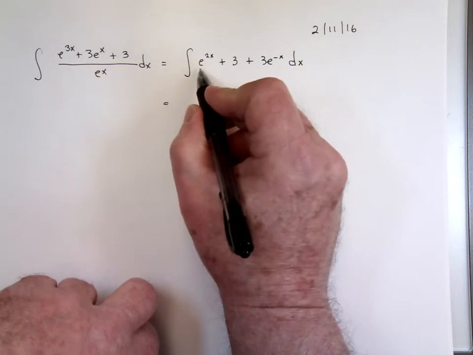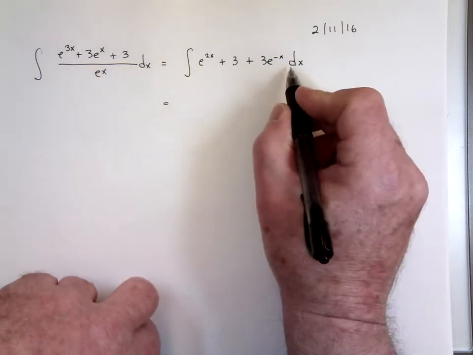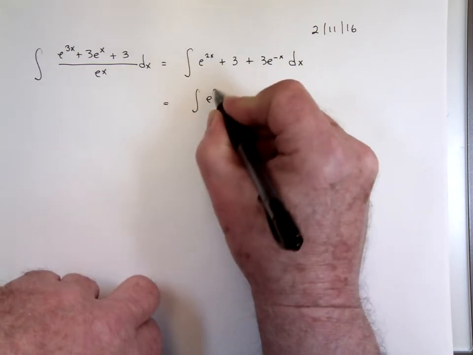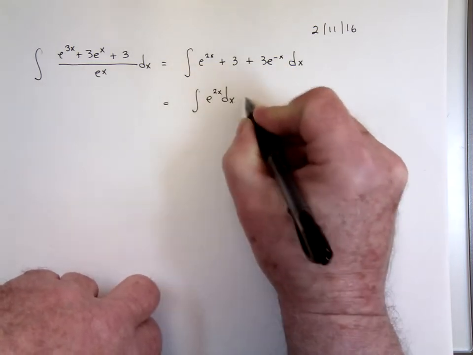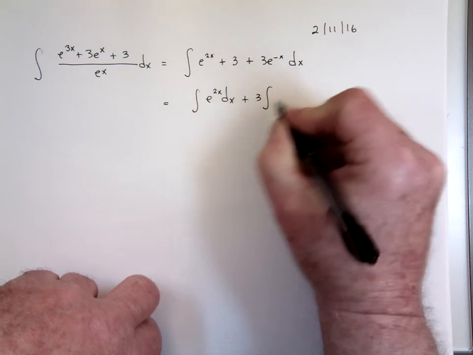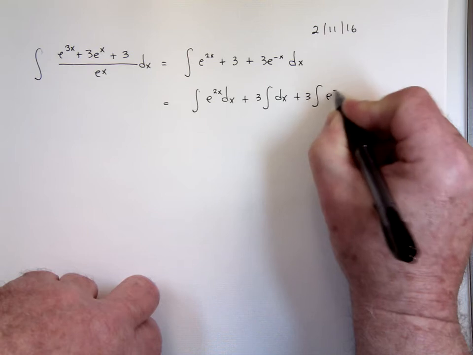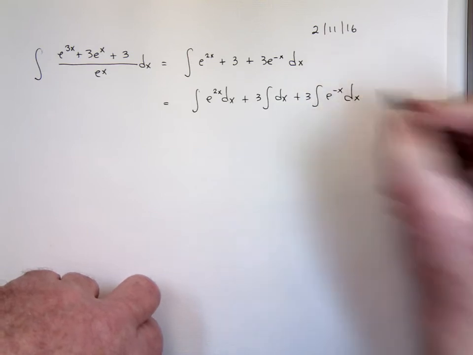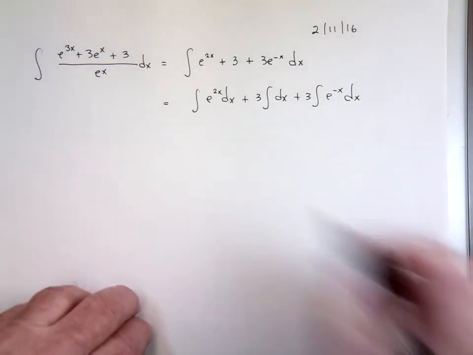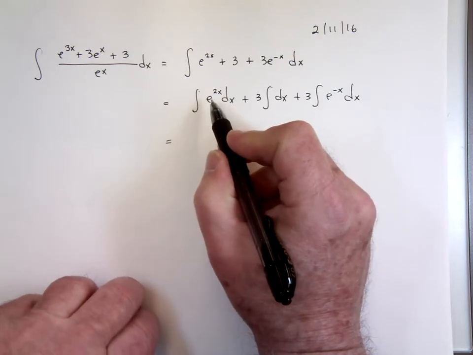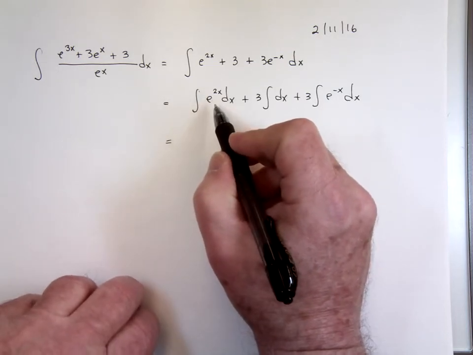The first one is an e^u du form where u is 2x. Here, let me write it out. I'm going to split it up this way. Okay. And now, e^u, where u is 2x, the du is 2 dx.